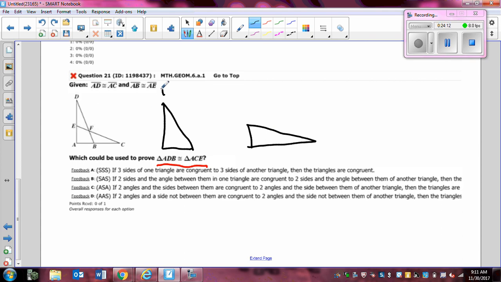And then I'm going to label my vertices. This is D, A, B, and this is E, A, and C. I'm going to label everything they tell me is congruent. A to D is congruent to A to C, and A to B is congruent to A to E.